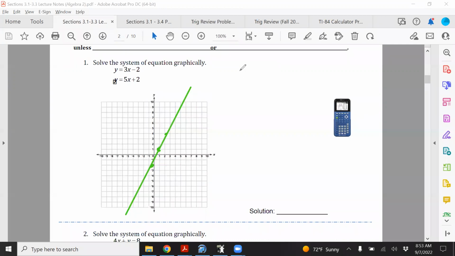And remember, y equals mx plus b: slope, y-intercept. Next up, 5x plus 2. You have that. You have a slope of 5. That's off the grid here.